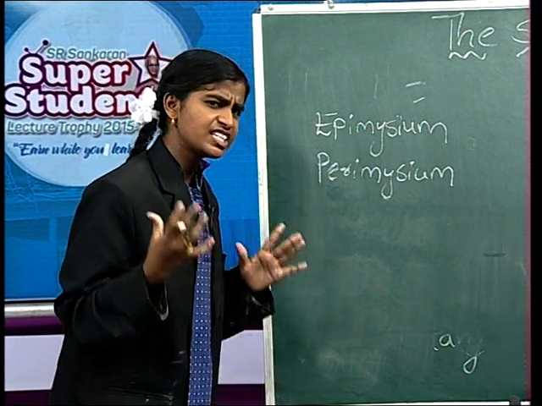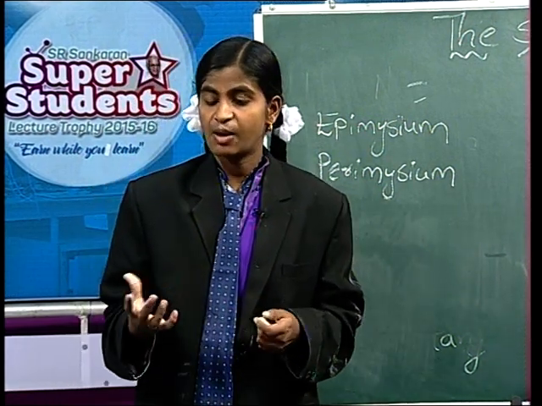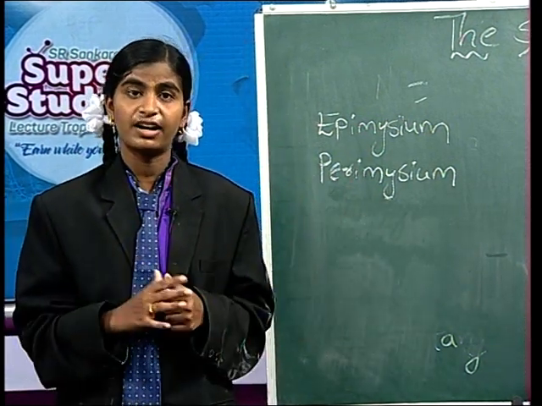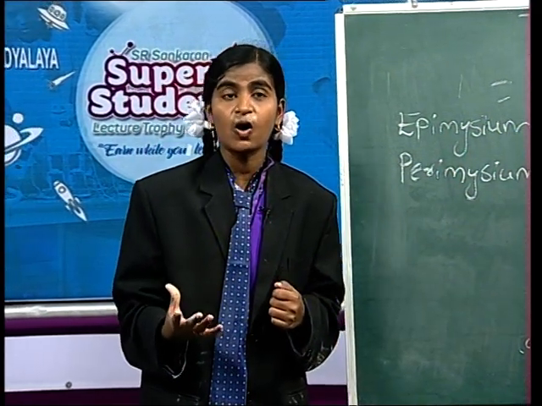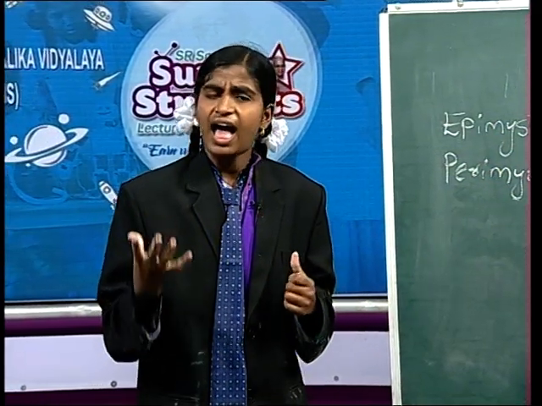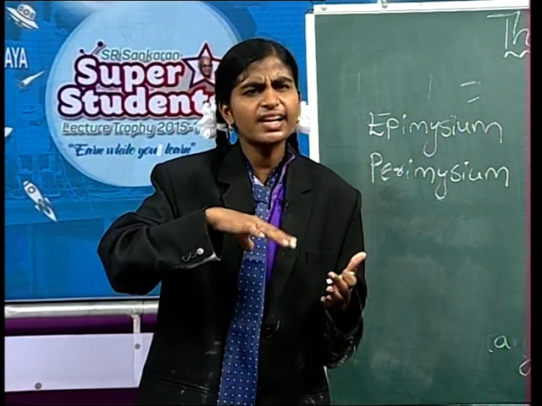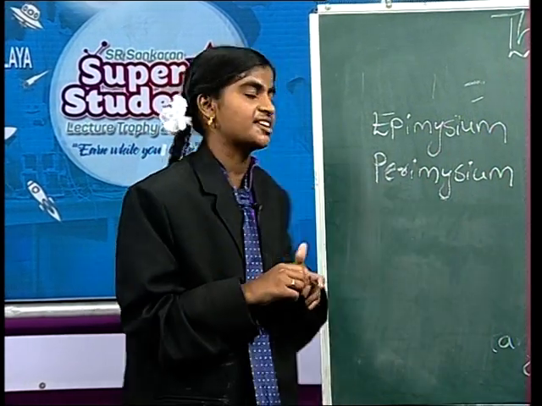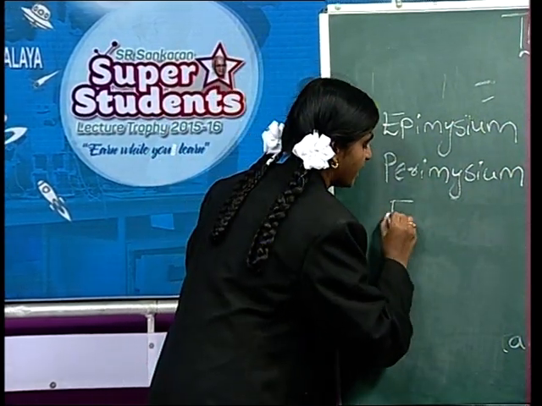Friends, each fascicle in our body is made up of a number of muscle bundles. Those are called muscle fibers, and each muscle fiber is totally ensheathed by endomysium. It is endomysium.